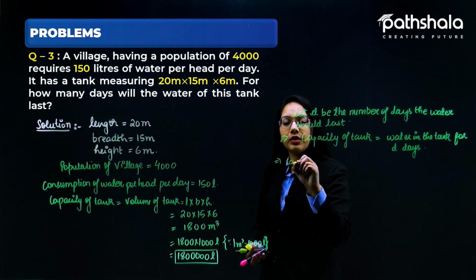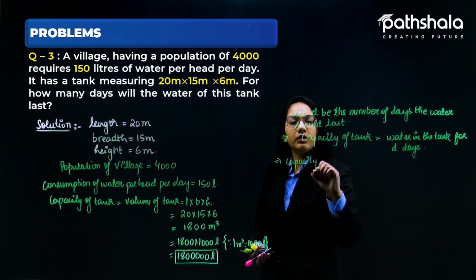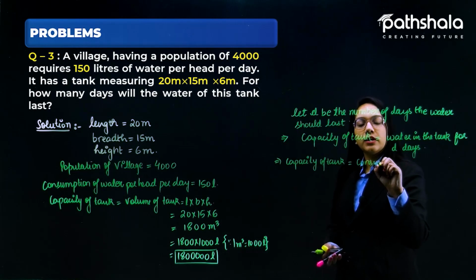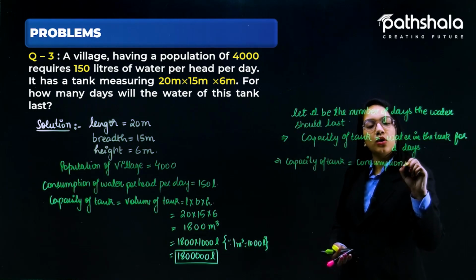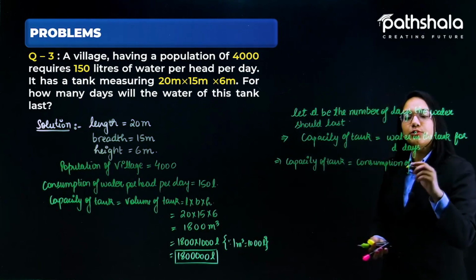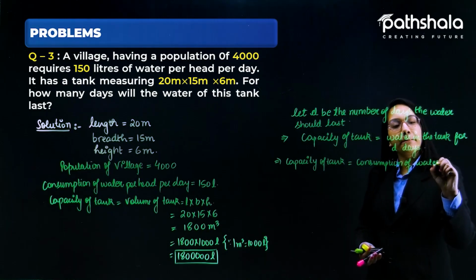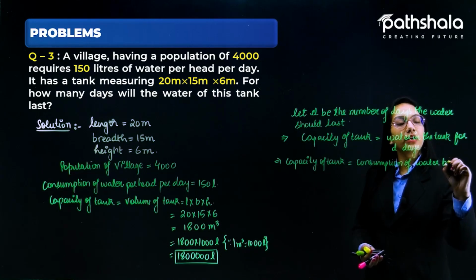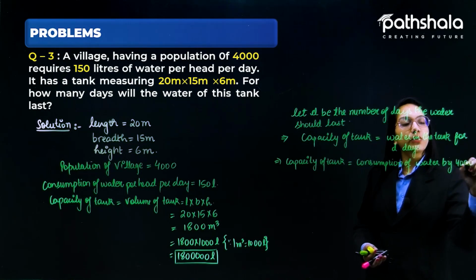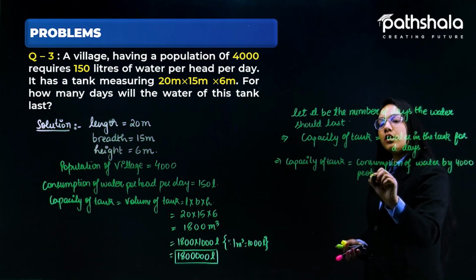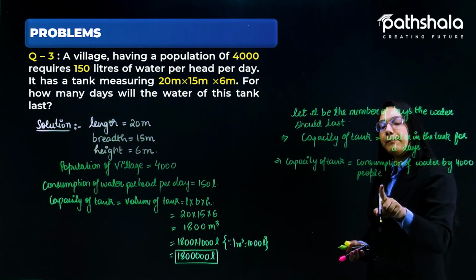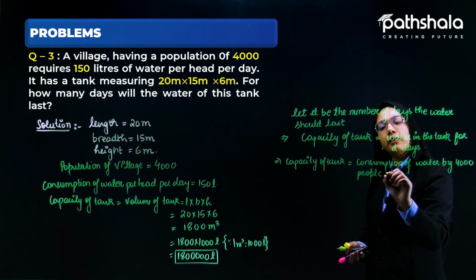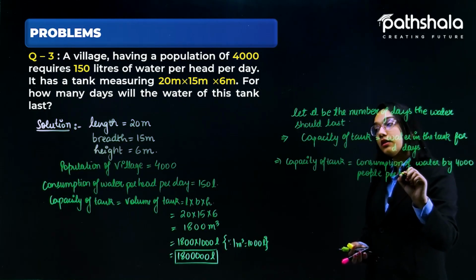So this would be equal to the capacity of the tank, which would be equal to the consumption of water by 4,000 people in D days.